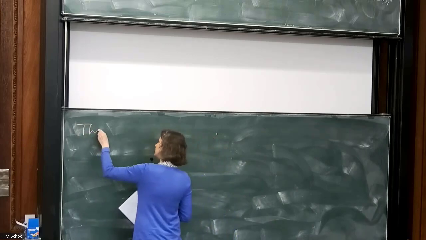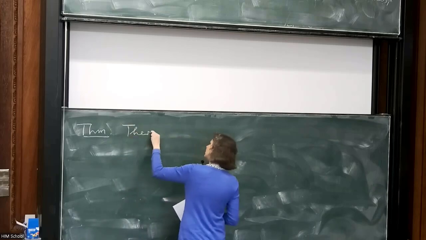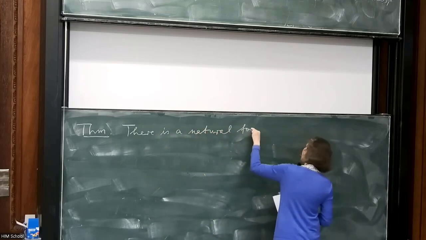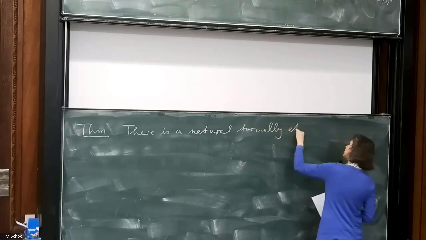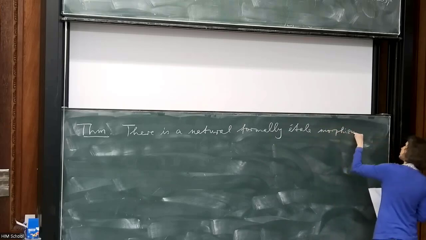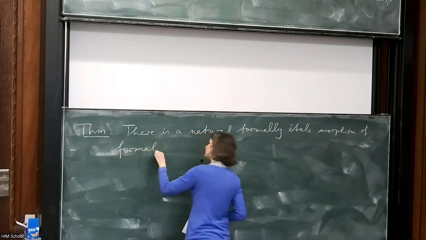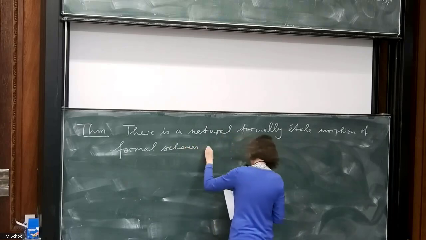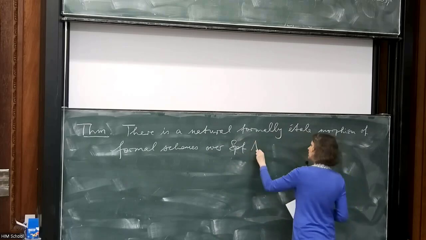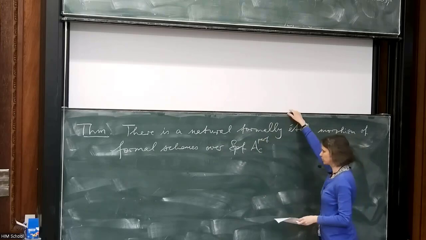And so the improvement is the following. There's a natural formally étale morphism of formal schemes over... I have to say in here one small thing is that we also always have to pass to the perfection of everything.